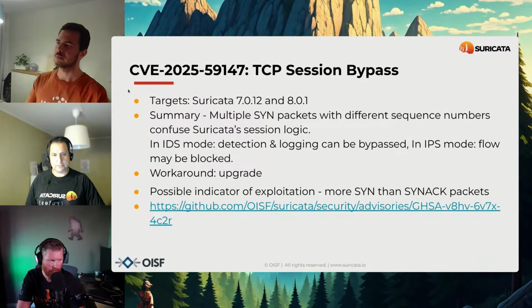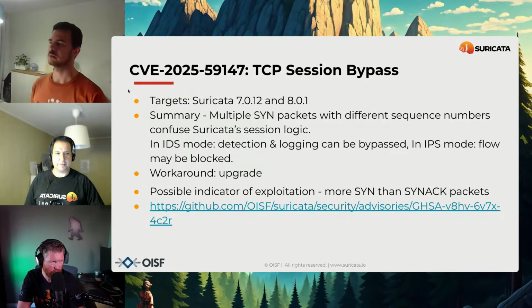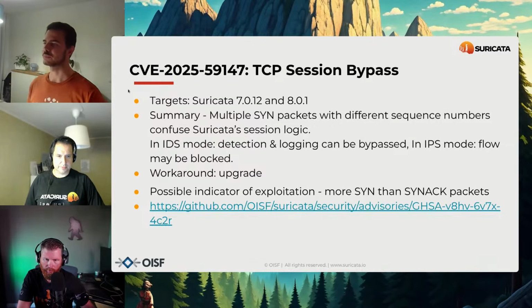What does that mean? More practically, it means that in IDS mode, the detection and logging could be bypassed, especially on the reassembled layers. You would still see the detection on the packet-specific detection, but often enough there are many rules targeting the HTTP headers and others.